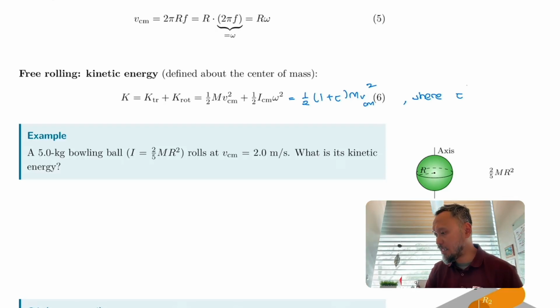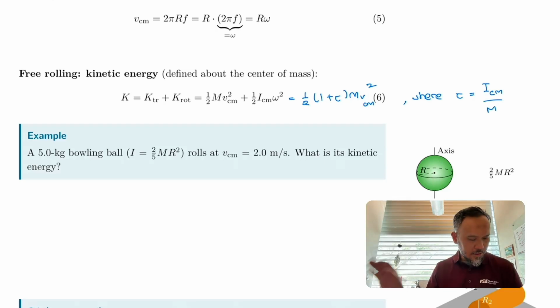So c here is basically equal to I divided by m r squared, and you can read the lecture notes.